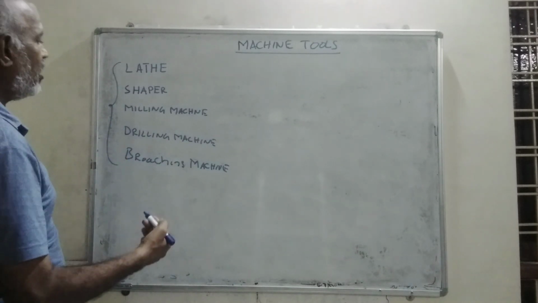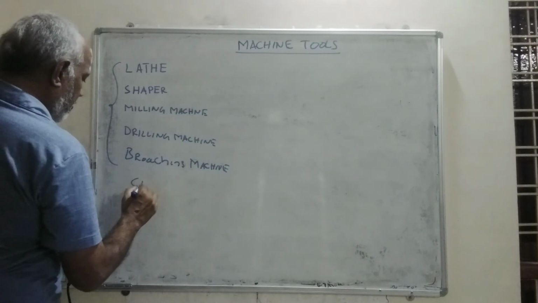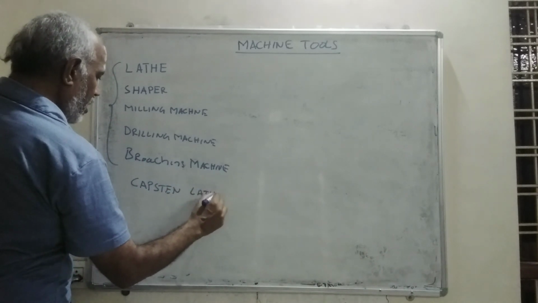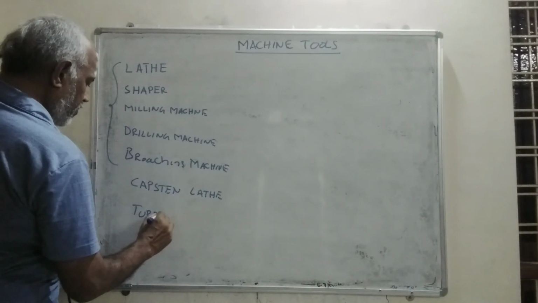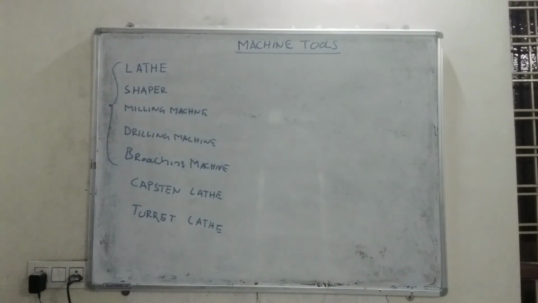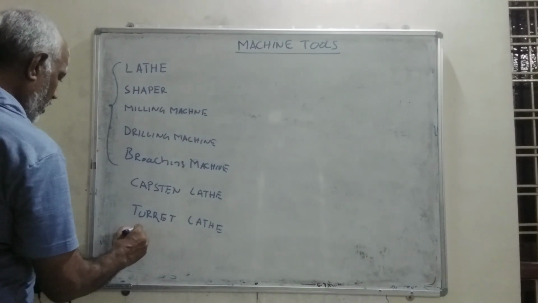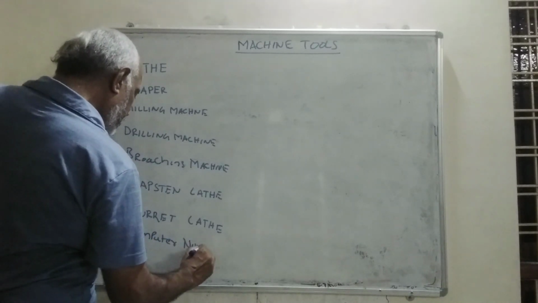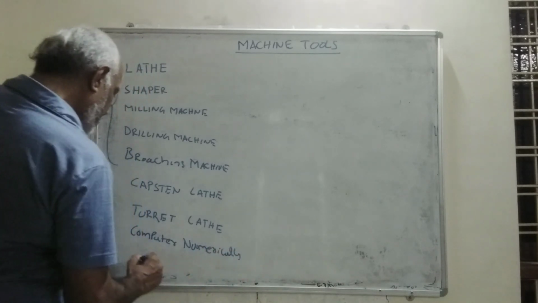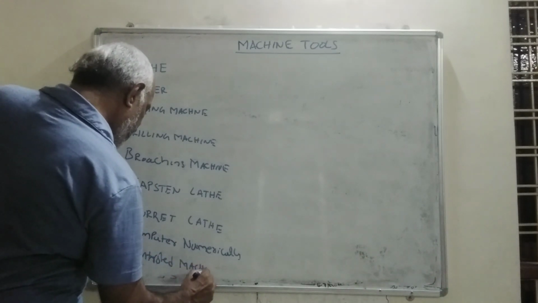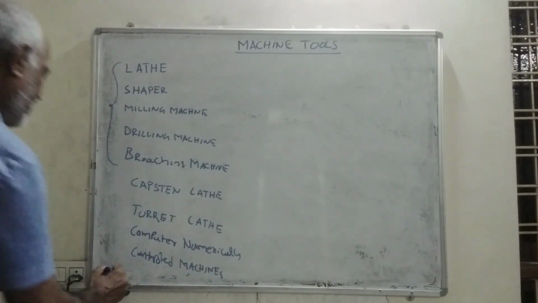And as the technology advances, we have capstan lathe, turret lathe, computer numerically controlled machines, for example CNC machines.